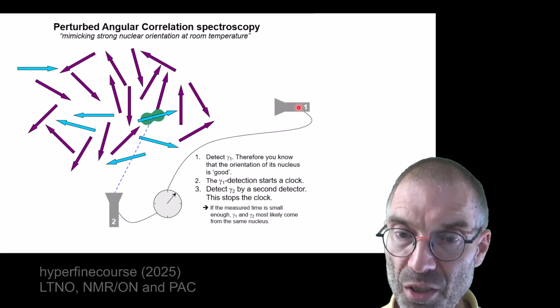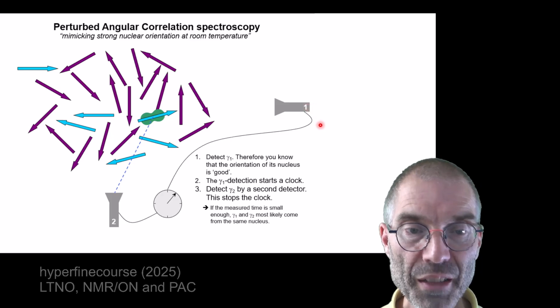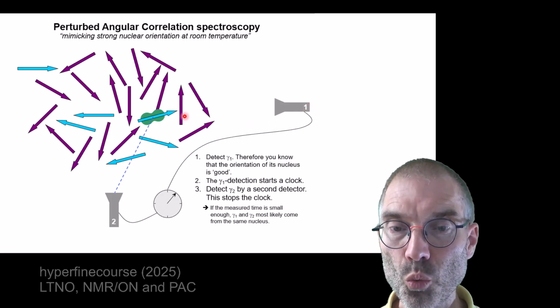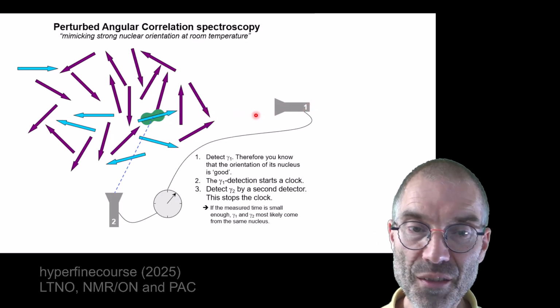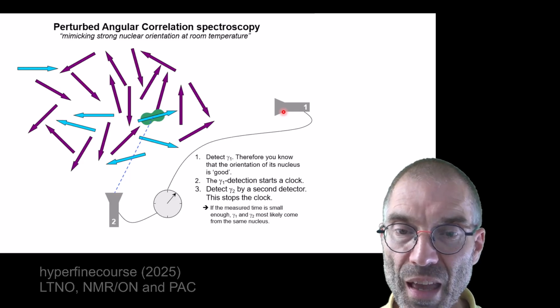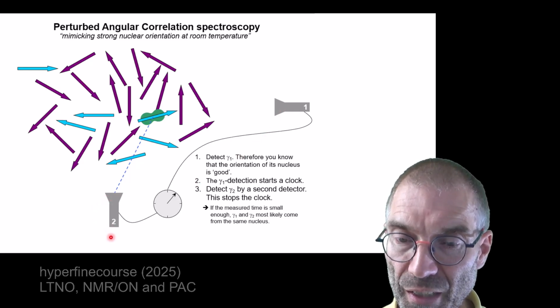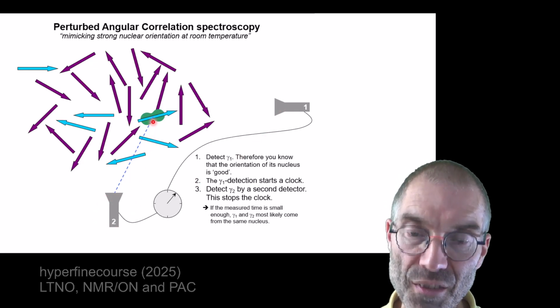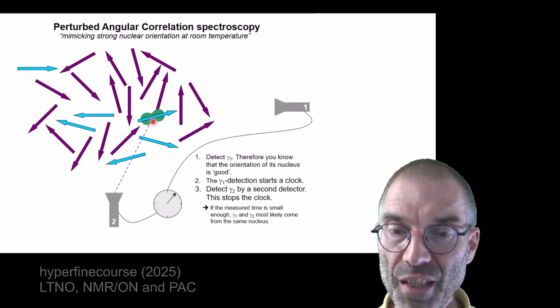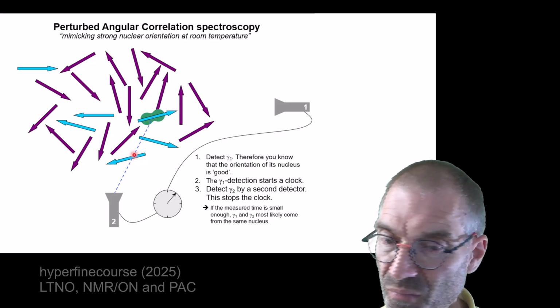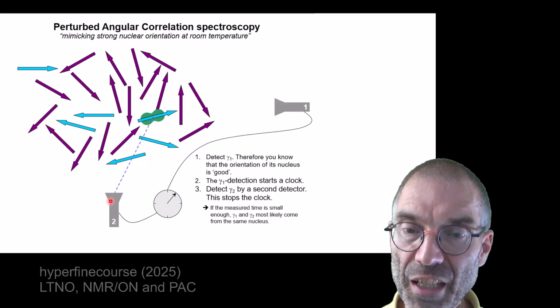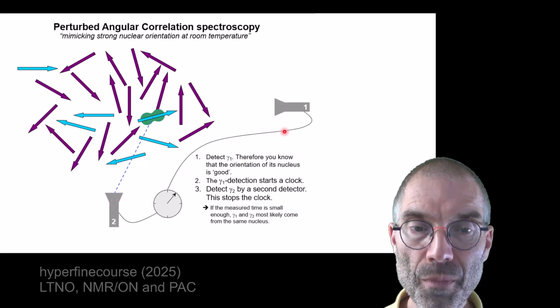Well, this can be done by starting a clock whenever detector 1 sees that first photon, and then you look with detector 2 at the second photon in the cascade. And that detection would stop the clock.